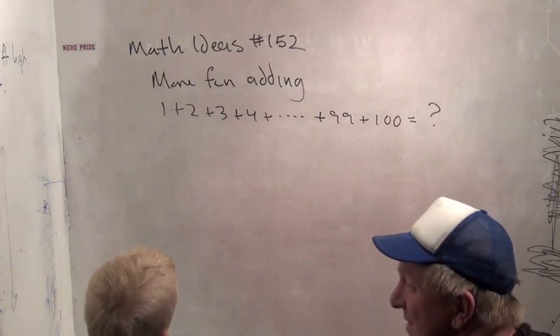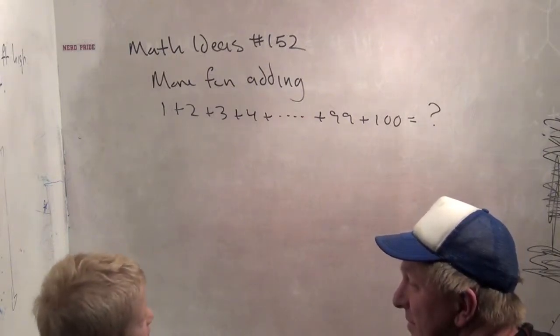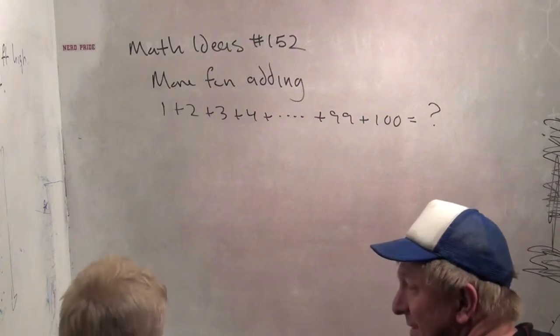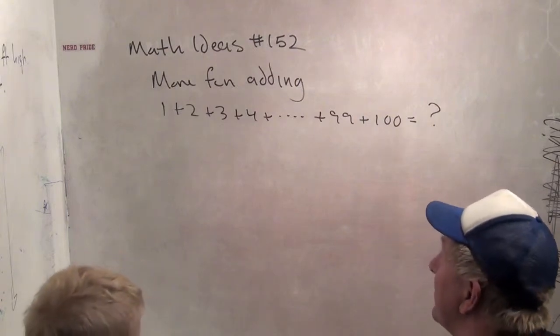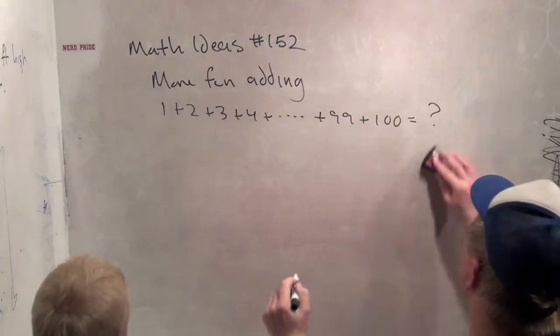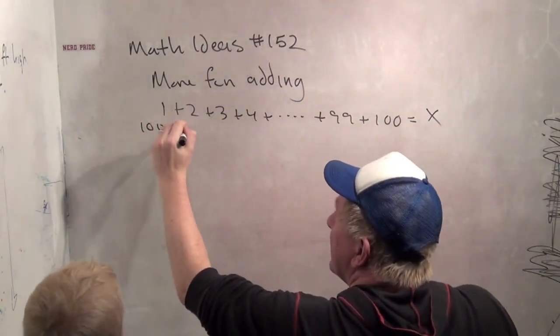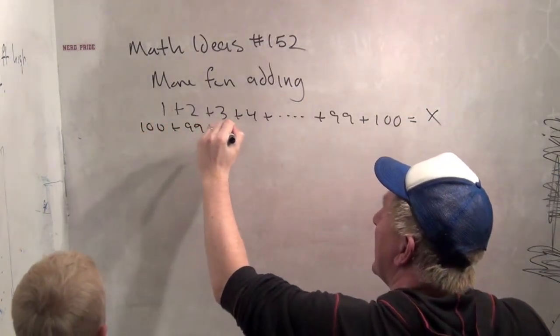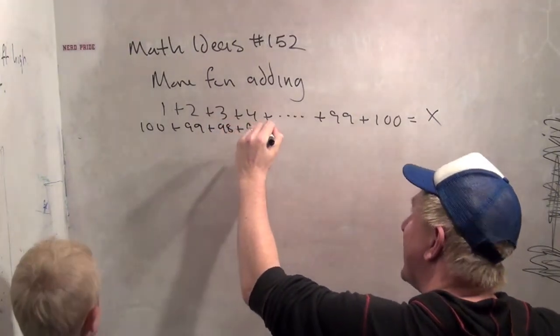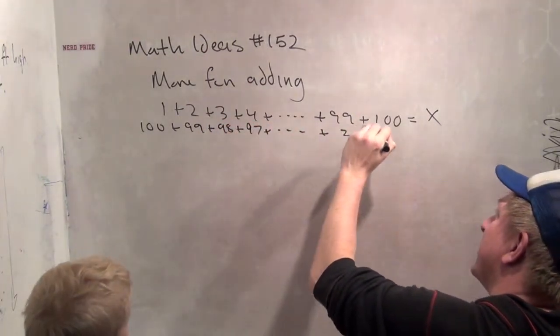Remember what you do? We use a trick. What's our trick? We do it backwards. Right. First we write it backwards. So we say this is going to equal x. And then we write 100 plus 99 plus 98 plus 97 down to 2 plus 1.